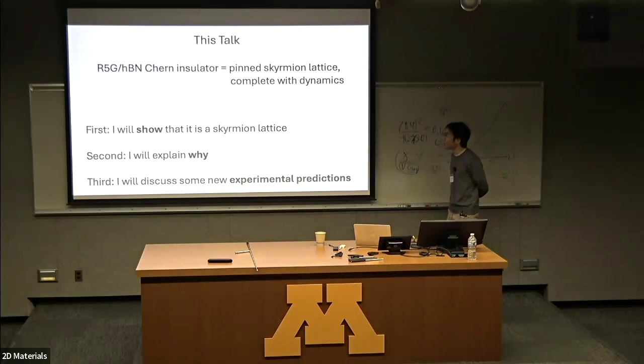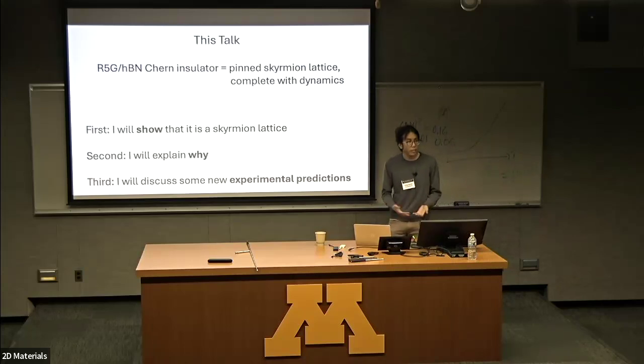I'm going to do this roughly in three parts. First, I'll give some numerical evidence that the ground state can be understood as a skyrmion lattice. Second, I'll try to explain why, based on some recent theory that we have. And third, I will discuss some natural experimental predictions that come out of this picture.